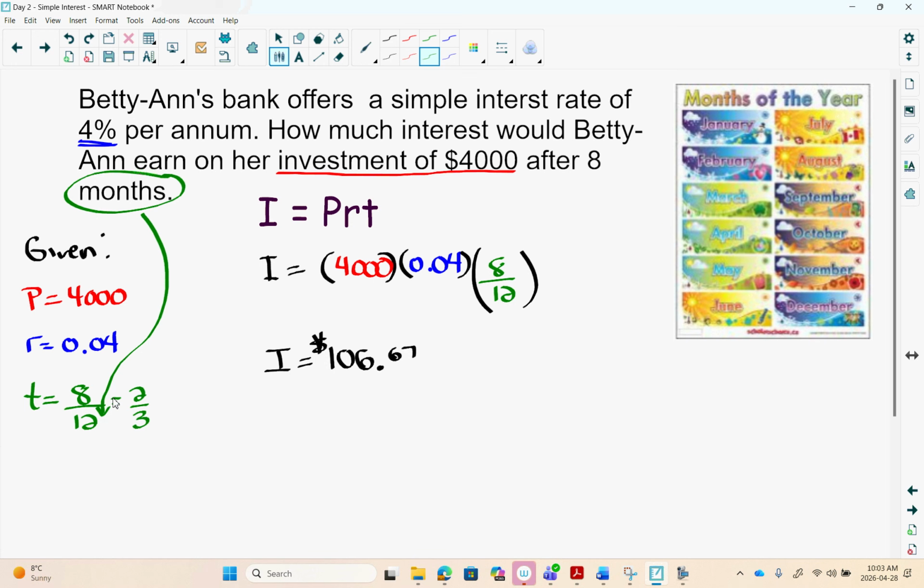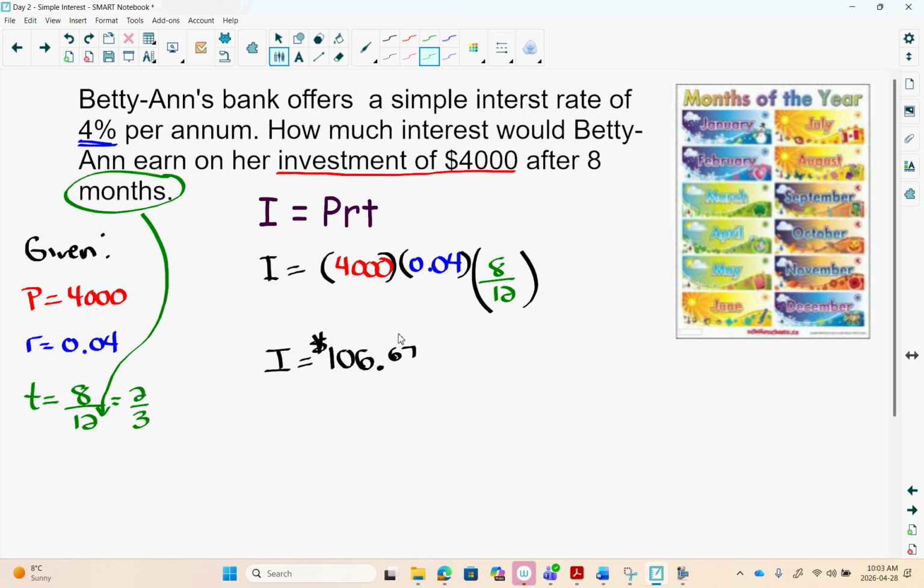If it's 3/12, that's a quarter. 4/12, that's a third. 5/12 doesn't reduce. 6/12 is a half. 7/12 doesn't reduce. 8/12 is 2/3. 9/12 is 3/4. 10/12, 5/6. You don't have to reduce it. You can just leave it as 8 over 12 and just go 4,000, your principal, times 0.04, your rate, times the time, 8 divided by 12.